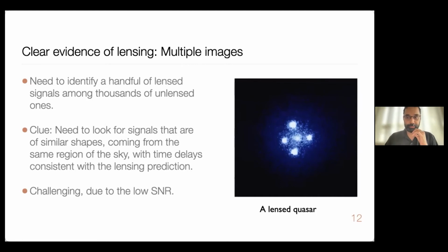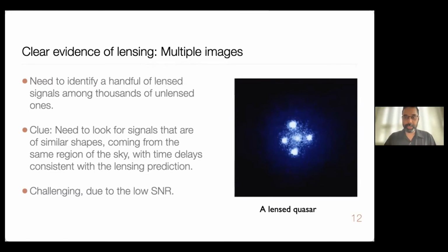Our clue would be to look for signals that are similar in shape, because we know that geometric optics will not deform these signals. So what we are looking for is signals that are similar in shape, coming from the same region in the sky, with time delays consistent with the lensing population.